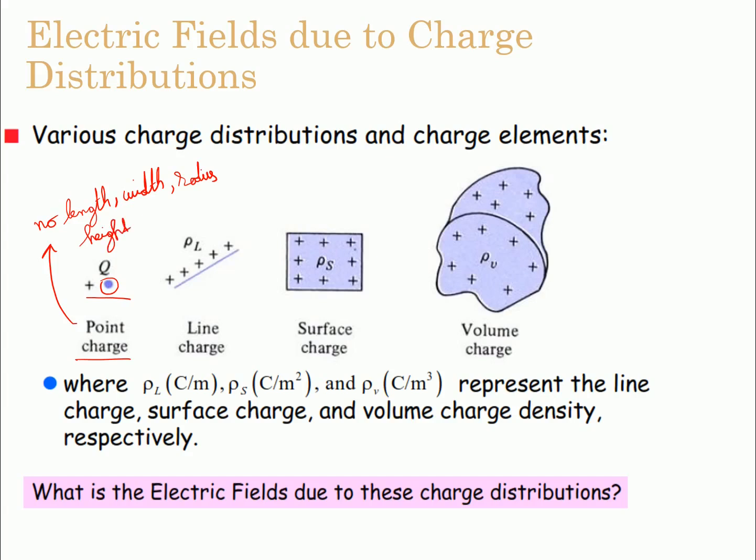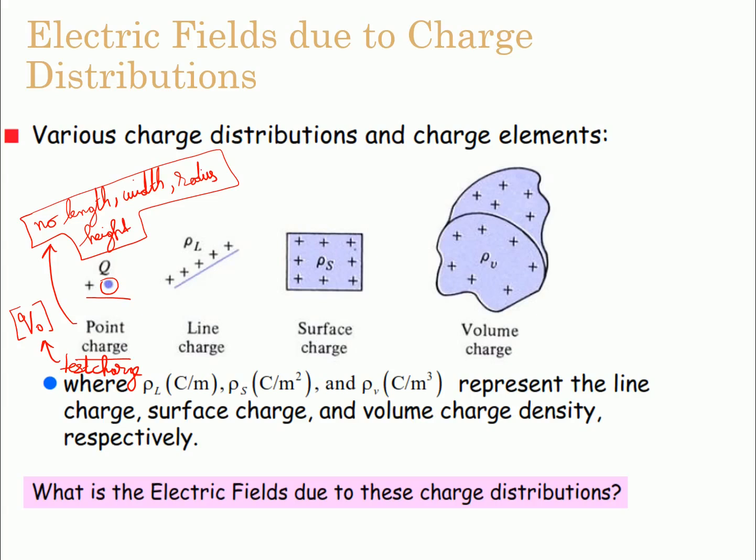So it's a simple dot. We say that this fictitious charge is a point charge, and this is mostly utilized in the field of electromagnetic theory as a test charge. So sometimes a point charge is known as a test charge. In some of the reference books, it is represented by the symbol Q0.